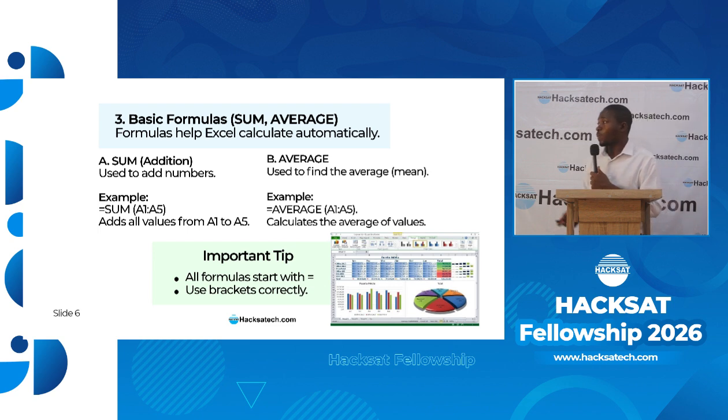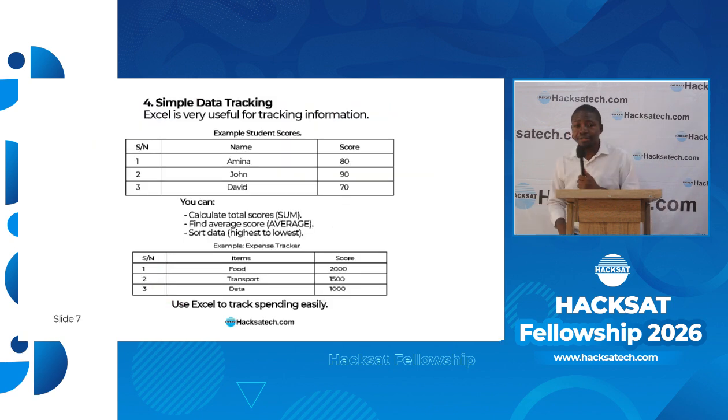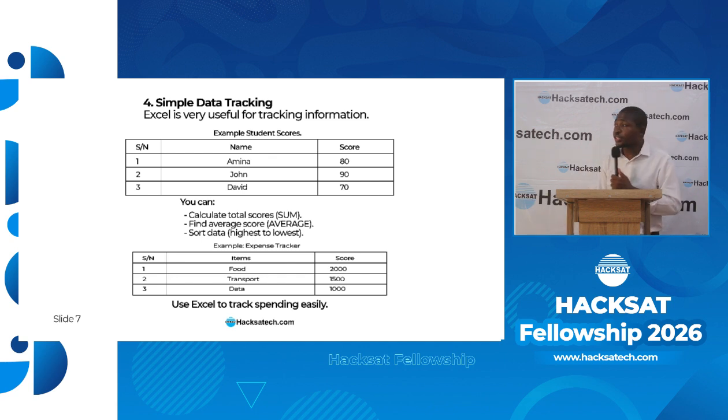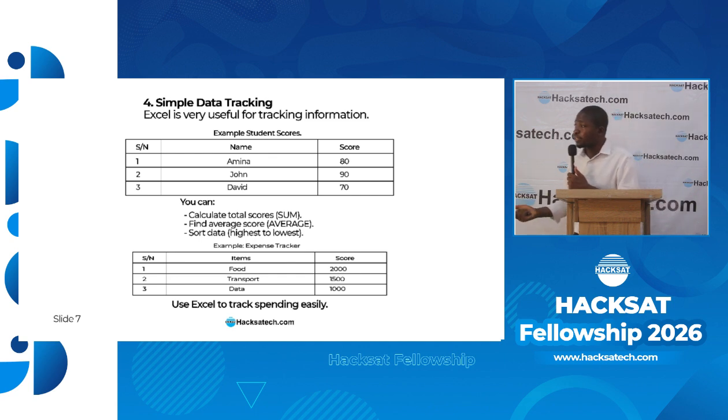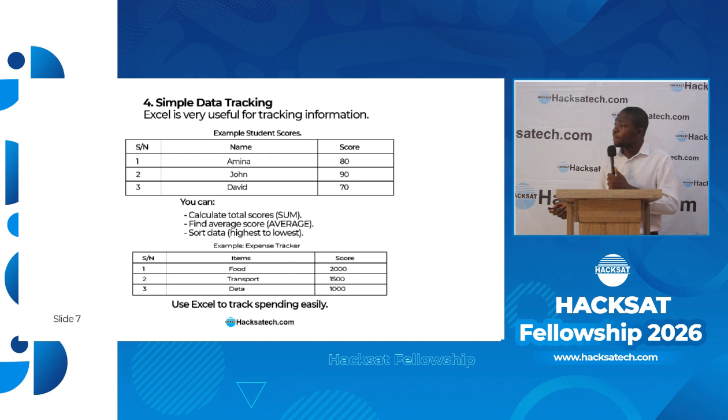Simple data tracking is very, very important. Excel is very useful for tracking information. For example, creating this table that you can see on screen, with serial number SN, name, and score.